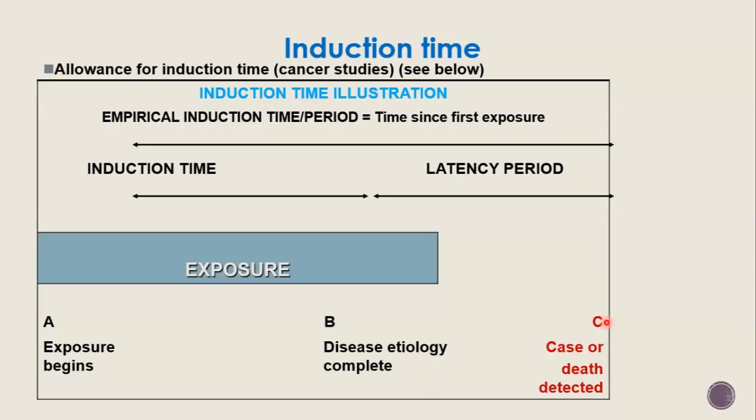So let's start with the induction time. What would happen to the induction time if we could diagnose a disease earlier? The time would be shortened. So the induction time would be shorter, and the disease etiology B probably would be moved closer to A. So it could be here, for example.